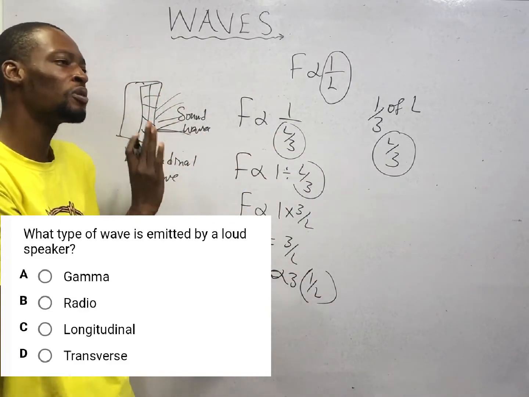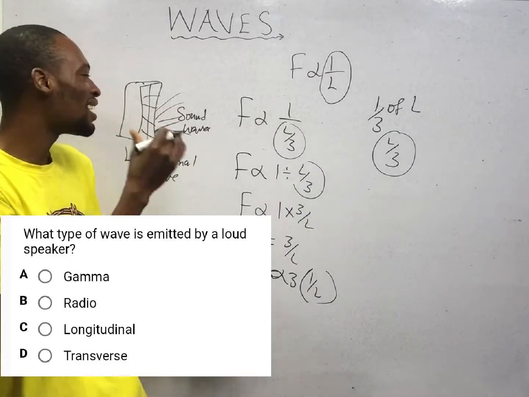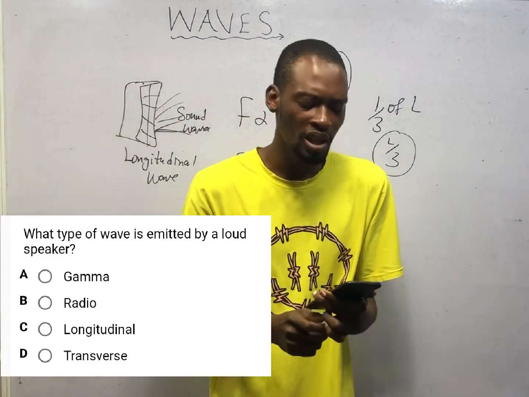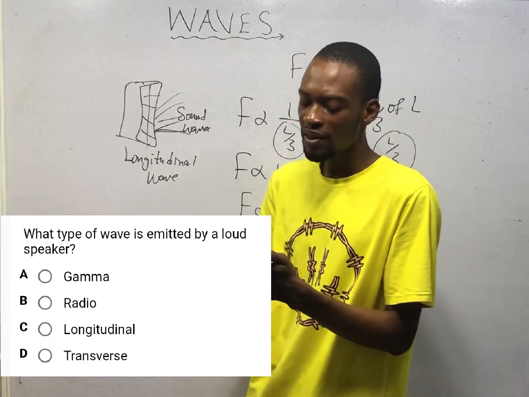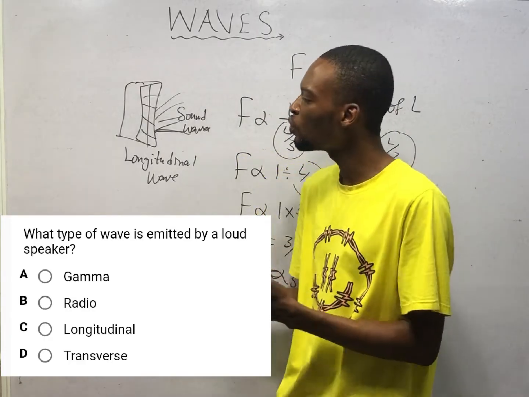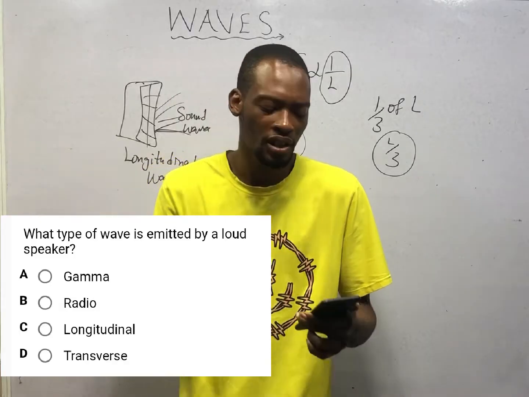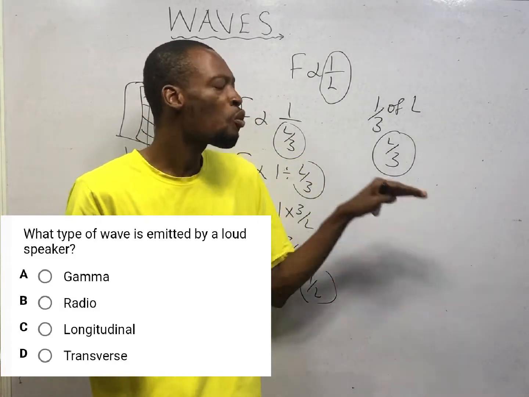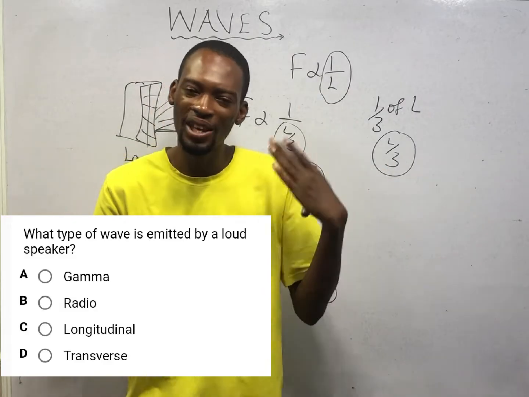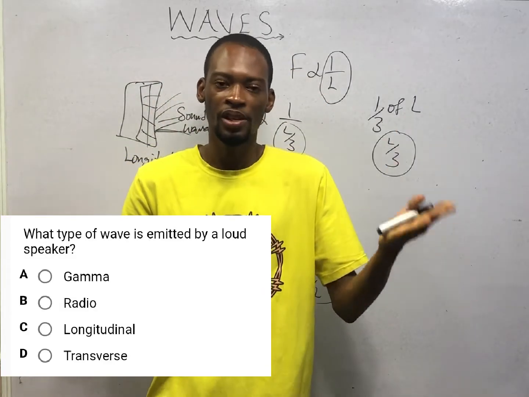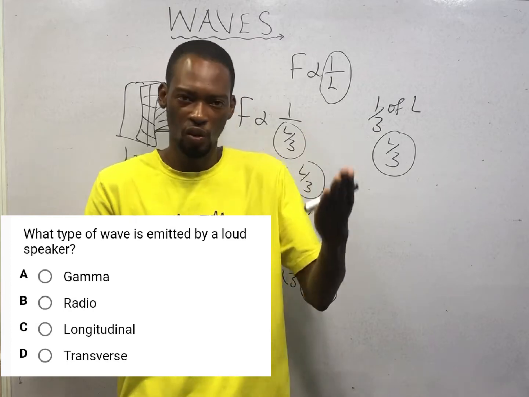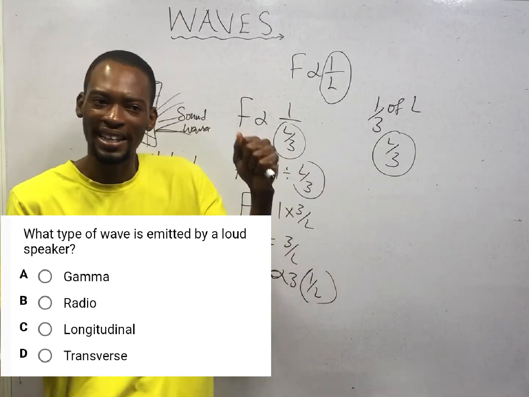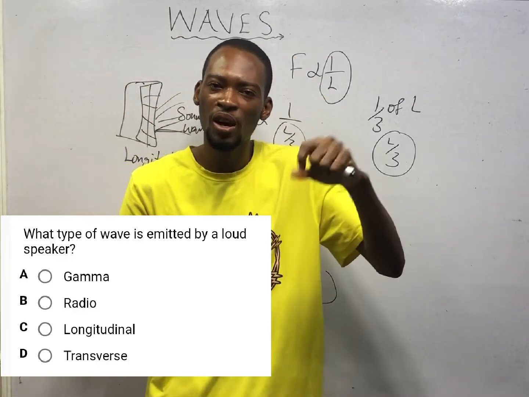So a loudspeaker produces sound waves, and sound waves are longitudinal waves, not transverse waves. And also, take this as an example. Anytime you see gamma ray, radio wave, or any electromagnetic wave, they are simply transverse waves. And water waves at the surface, they are transverse waves. Light waves, transverse waves. Okay? While waves on strings tied at one end, they are longitudinal waves.